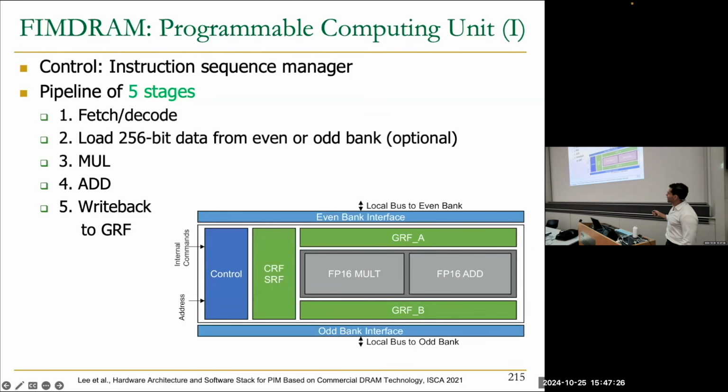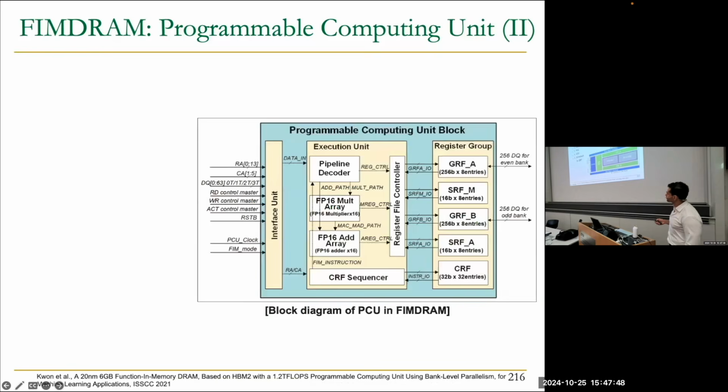You have the control, the instructions that you are going to execute, some register file to store the data that you latch from the banks, and the SIMD engines, either for multiplication or for addition. Again, the target here is to do multiply and accumulate.